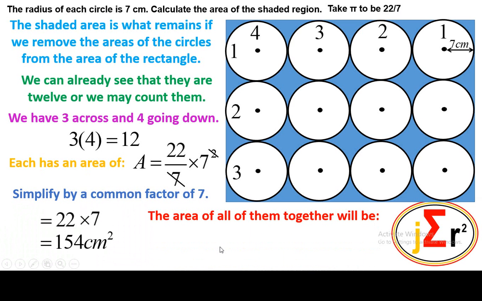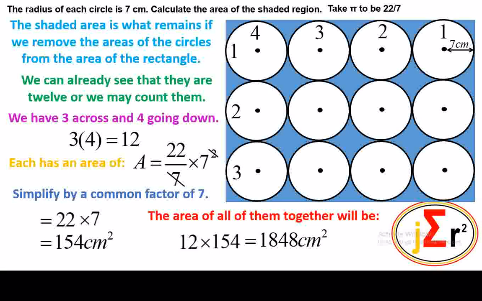The area of all of them together will be the area of 1 times the number of them, and we have 12 times 154, 12 of them. Each has an area of 154 square centimeters. 12 times 154 is equal to 1,848 square centimeters, or if we prefer, centimeters squared.